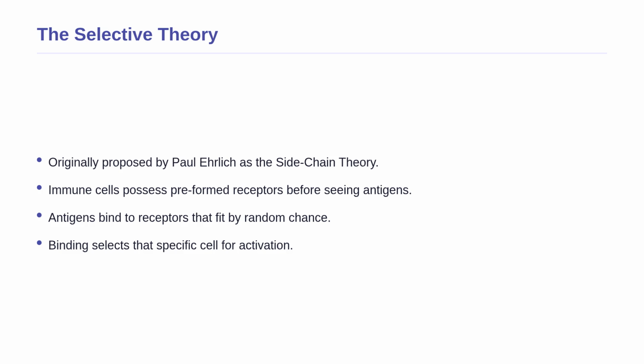According to this selective model, the antigen simply binds to the specific receptor that happens to fit it by random chance. This binding event acts as a trigger, thereby selecting that specific cell to produce more of those exact receptors.